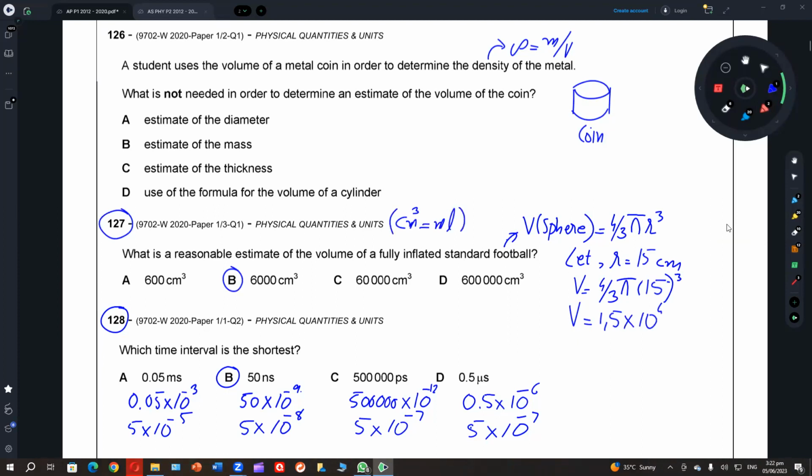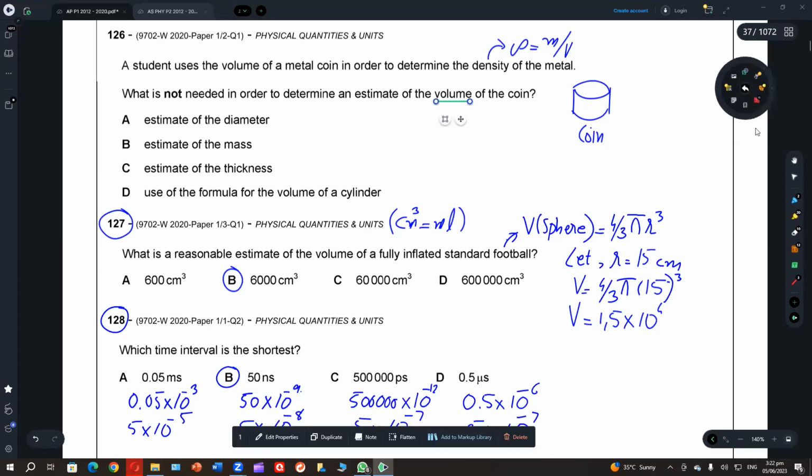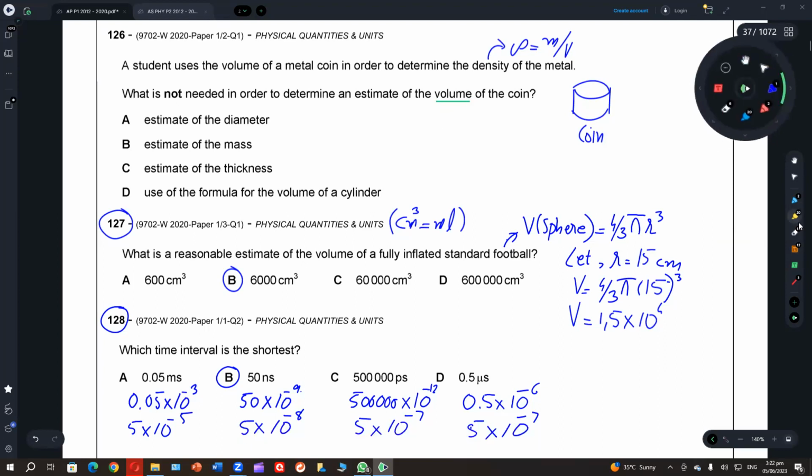A student uses the volume of a metal coin in order to determine the density of the metal. Which is not needed to determine an estimate of the volume of the coin? He's tricking us because he's not asking for density, he's asking for volume. If he's asking for volume, the shape of a coin is like a cylinder.